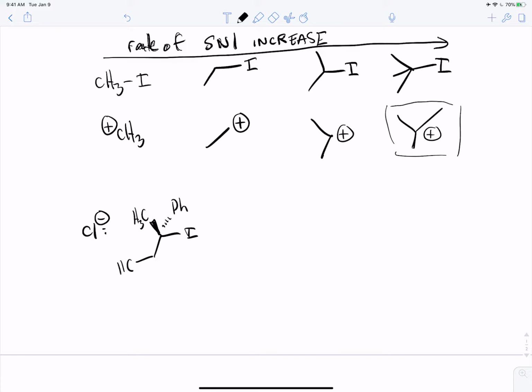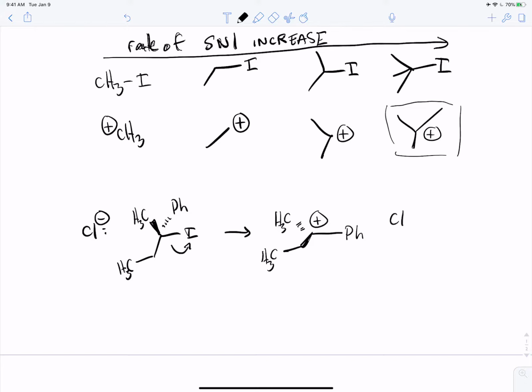Well, we kind of know this already because we've looked at carbocations before. If in the first step the iodide has to pop off, what are we going to form here? We're going to form this planar carbocation here.